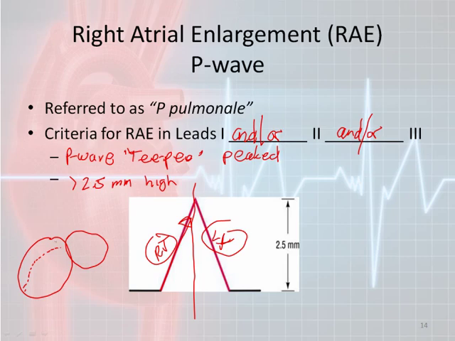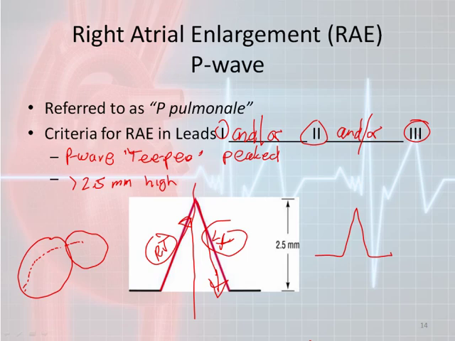What results, when it finally gets over here to the left atrium, is a very sharp downslope because it's coming back to baseline very quickly, because it doesn't have to maintain this very large amplitude of electricity due to an enlarged right atrium. Now remember, this peaking of the P wave is greater than 2.5 millimeters, and it is only in leads 1 and or 2 and or 3.